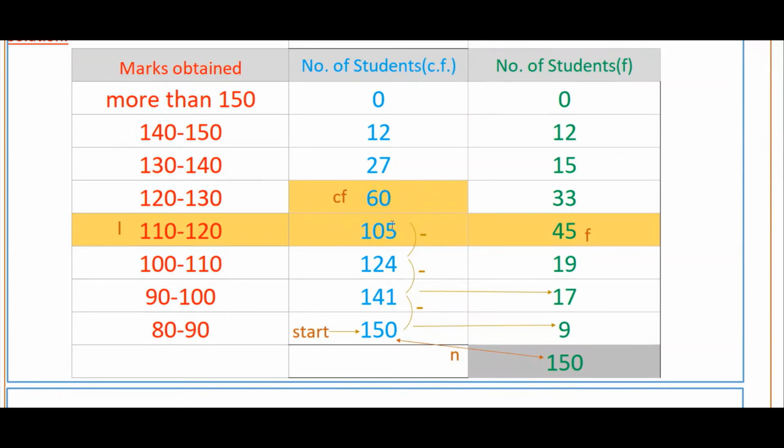So you have to take this number 105, and the corresponding class interval for this 105 is 110 to 120.